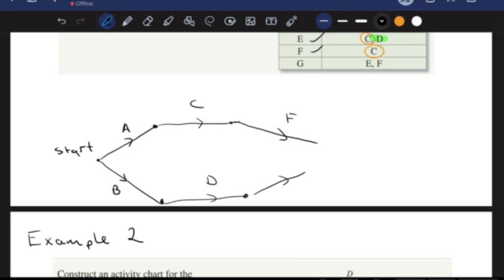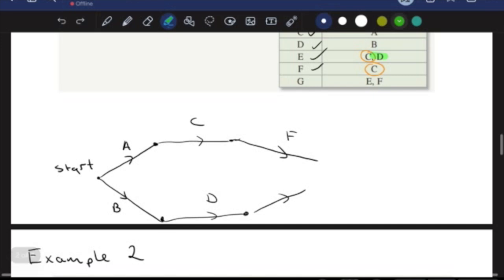Because if E had F as an immediate predecessor, sure, that would work. We can just go down the line and connect it, and it's going to join up eventually. But because it has this discrepancy, this that I've highlighted on the activity table, it shares one of the same immediate predecessors, but one of them is different, this D.